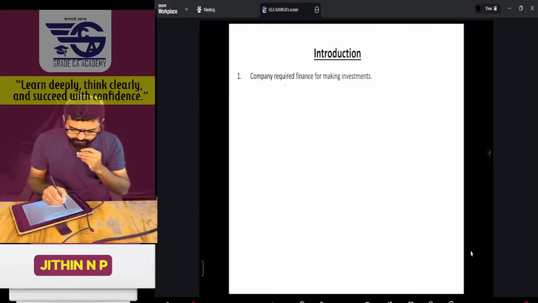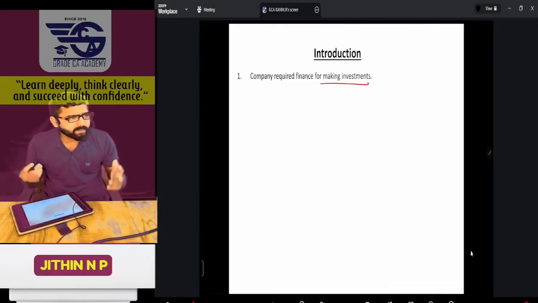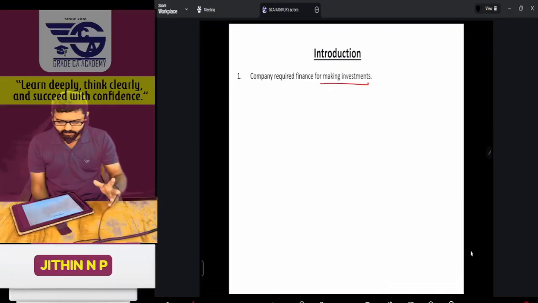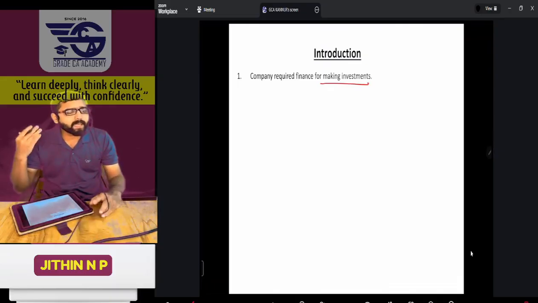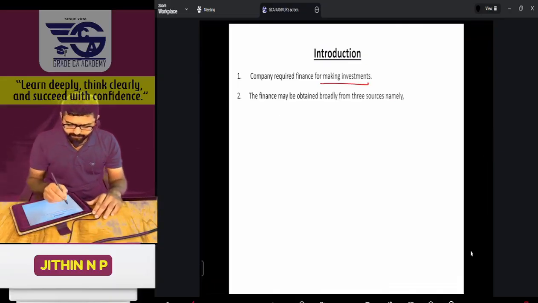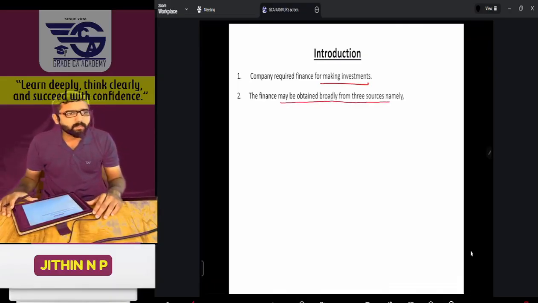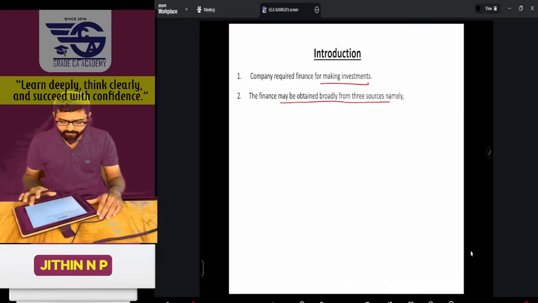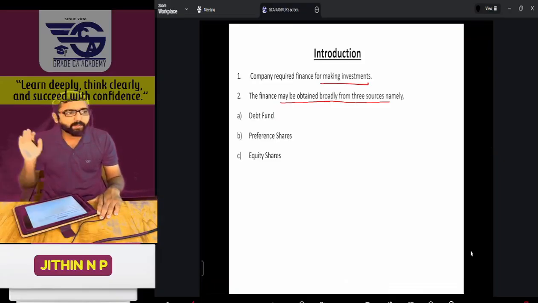Company requires finance for making investment. The finance may be obtained broadly from three sources, namely debt fund, preference shares, and equity shares.